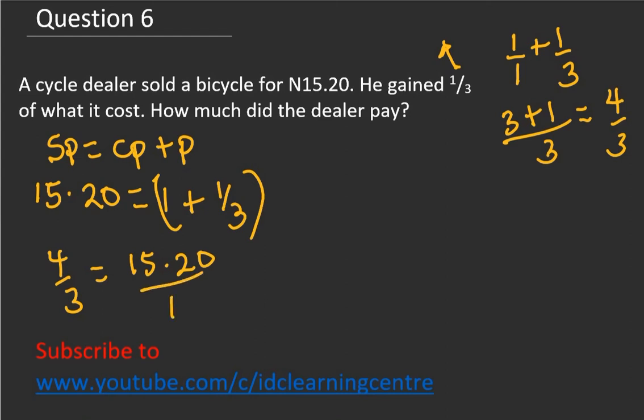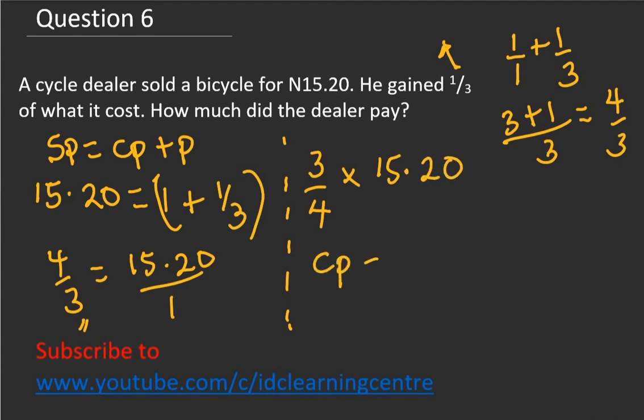To get the cost price, it is always the denominator, so you flip. If you flip, the cost price being 3 will come up. We have 3/4 now times 15.20 will give us the cost price.